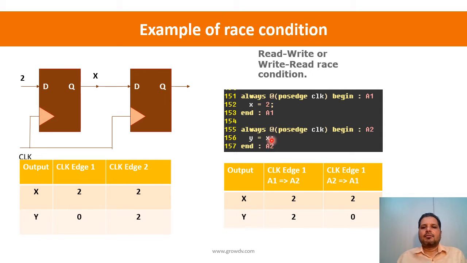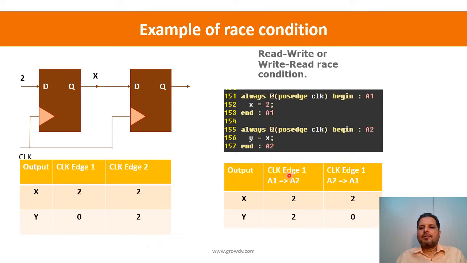According to the LRM, these two always blocks could be scheduled in any order. There is an indeterminism in the ordering of execution, with no guaranteed order between them.